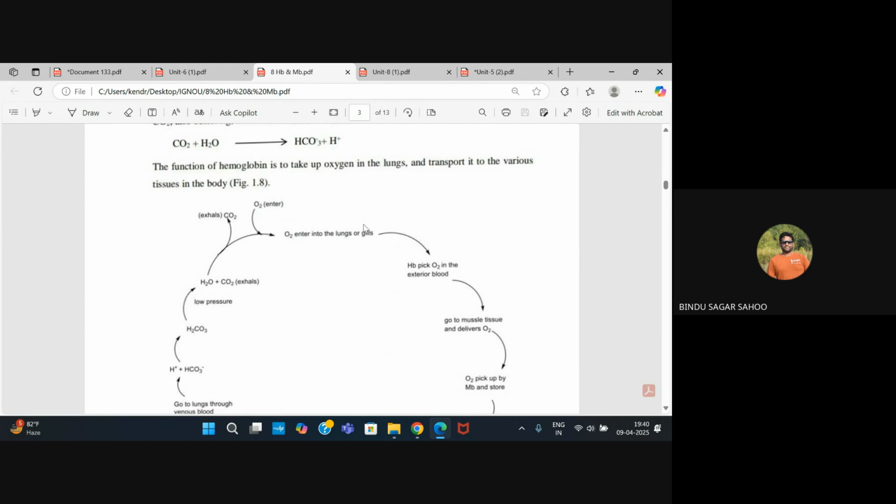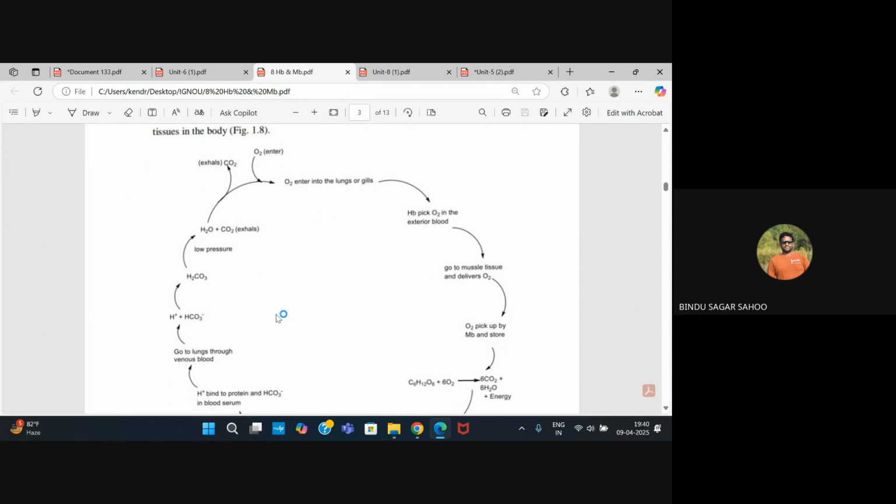Gills means in the case of fishes. So first, the oxygen enters into the lungs, and in the lungs hemoglobin pigments are present. So first hemoglobin picks up the oxygen from the exterior. Definitely in the lungs the hemoglobin initially catches the oxygen. That means the blood cells present inside the lung catch the oxygen through their hemoglobin pigment.